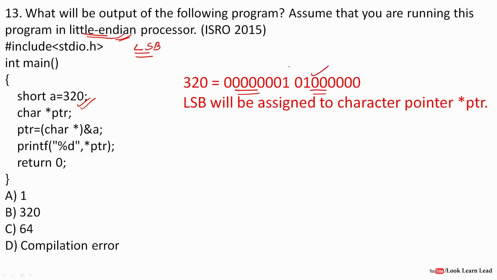We have 8 bits over here, 8 bits over here, total 16 bits. So this is the MSB and this is the LSB. So we are using little endian, so this byte would be used for pointing the addresses. So after calculating it, it would be 64. So the answer should be 64. But if it was big endian, the answer would have been 1. But if it is little endian, the answer is 64. So 64 is the answer.